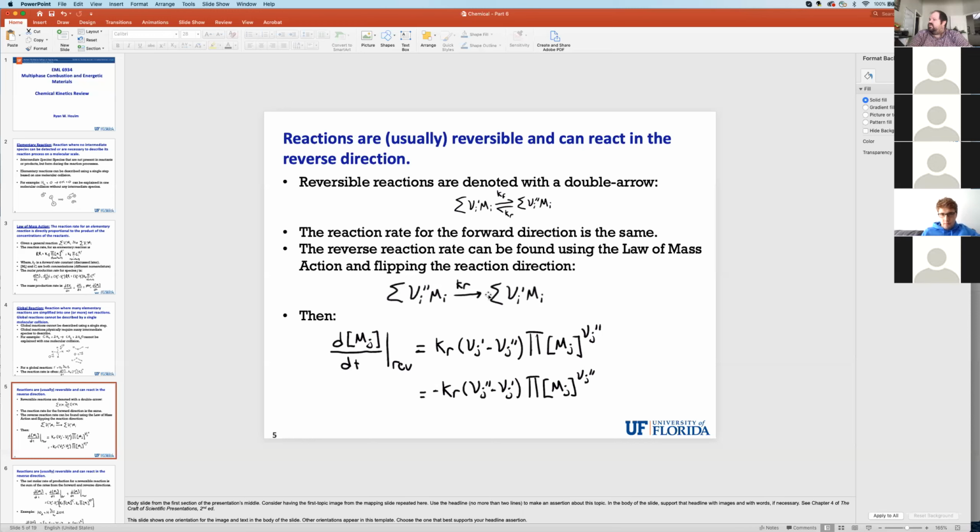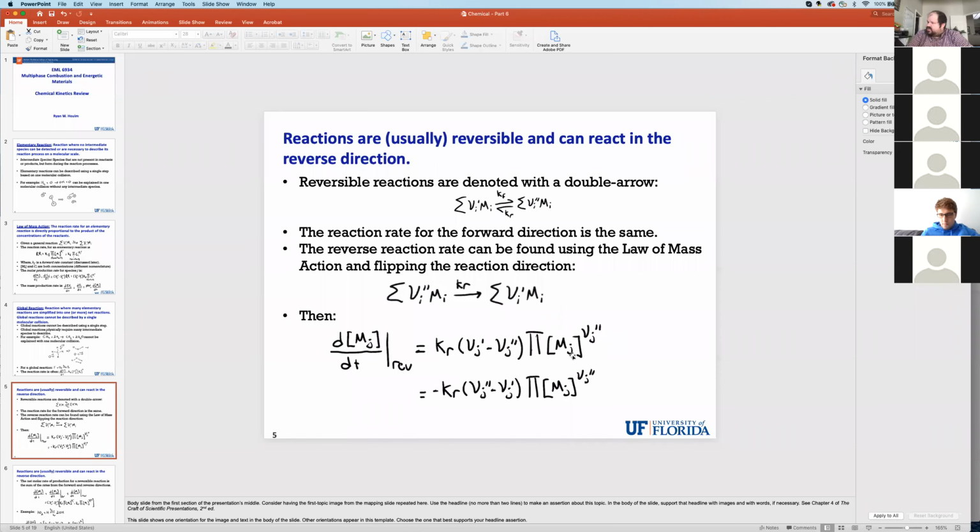And then you can apply the law of mass action and find that the time rate change for the concentration of species J in the reverse direction would just be kr times the difference in the stoichiometric coefficients. In this case, it's nu I prime minus nu I double prime times the product of all the concentrations.